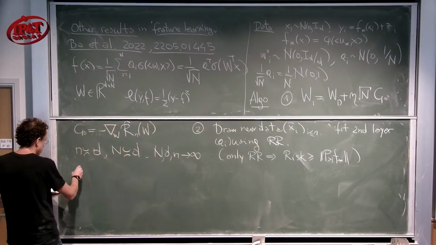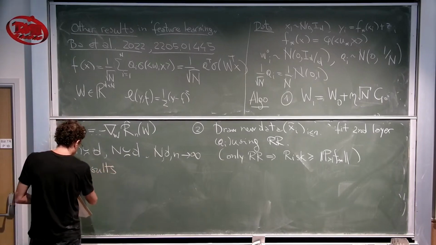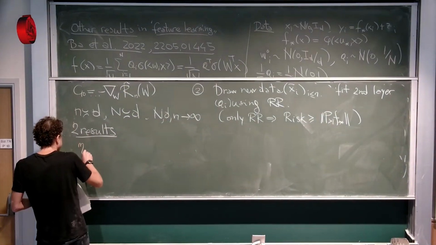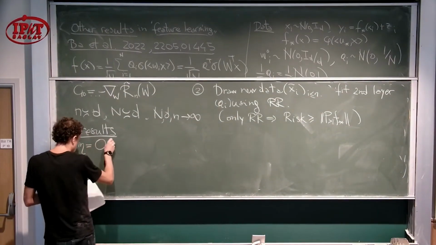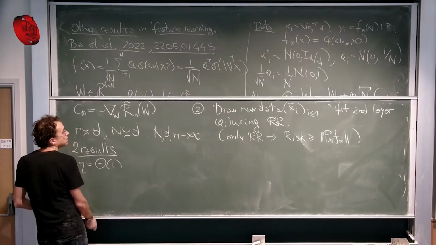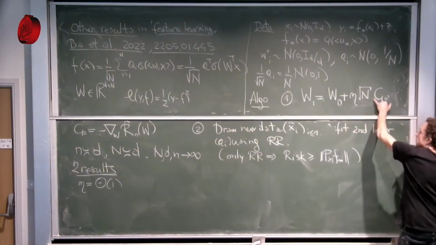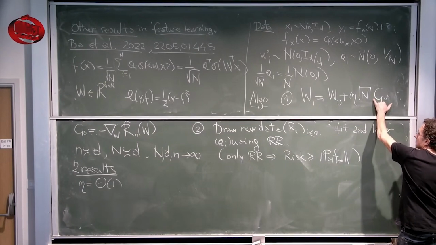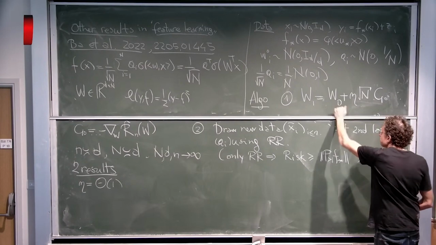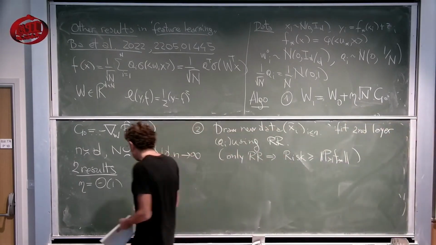Now they have two results. First, they analyze the case in which the step size is of order 1. Step size of order 1 means that the operator norm of this gradient is the same order as the operator norm of the weights.